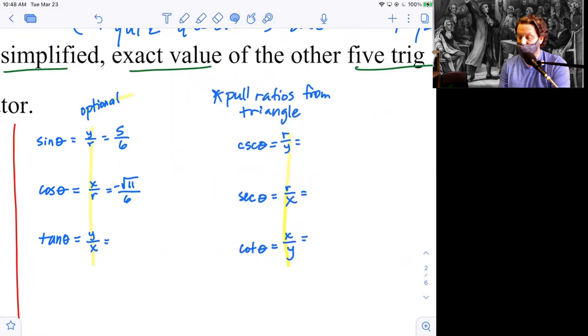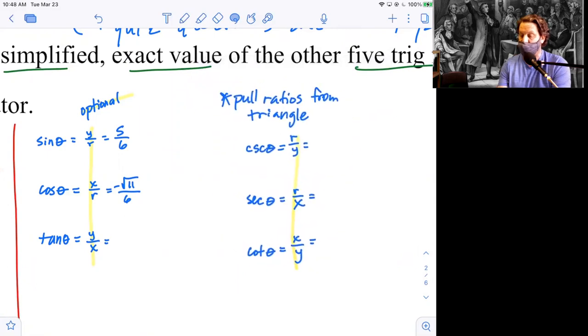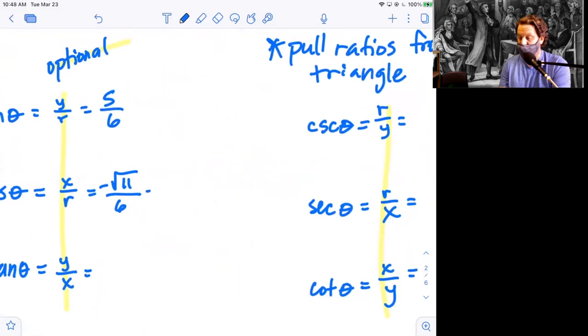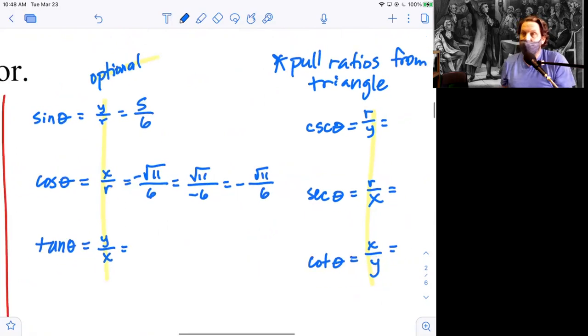Because I can clearly see that it's the x that's negative, but you have to be careful, because if I gave you that ratio, this could be the square root of 11 over negative 6. Or it could be negative out front, square root of 11 over 6. If you have a negative ratio, it's because either the top or the bottom are negative.